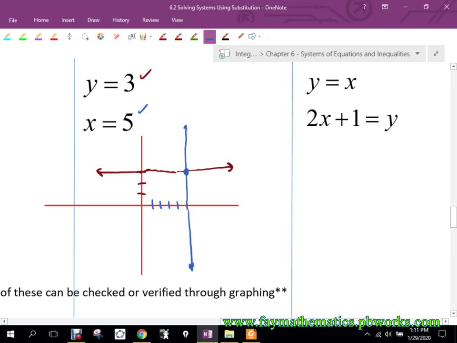The logic here is that the reason we call this x equals 5 is because no matter what point I choose on that blue line, what is the x value for every point on that blue line? 5. So isn't that one going to have an x value of 5? Okay. That point is also on this maroon line, right? What is every y value on that maroon line? 3. So isn't that point right there going to have a y value of 3?